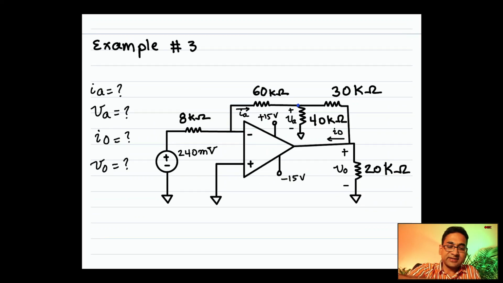The idea is that we are supposed to find IA, that is the current flowing in this branch, and then VA, which is the voltage here.